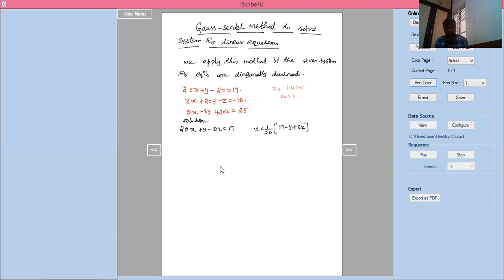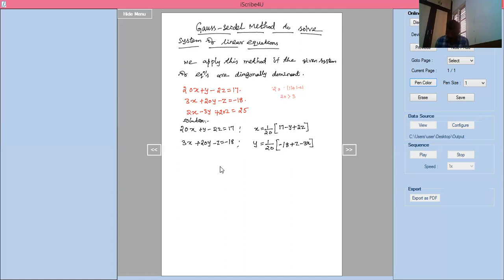Similarly, from 3x plus 20y minus z equal to minus 18, y equals 1 by 20 into minus 18 plus z minus 3x.